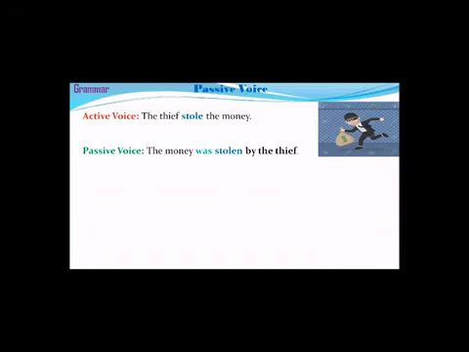Now let's study this again. The active voice is the thief stole the money. The passive voice, the money was stolen by the thief. The subject is the thief, the verb is stole, and the money is of course the object of the active sentence. So here are the changes that we are going to have.